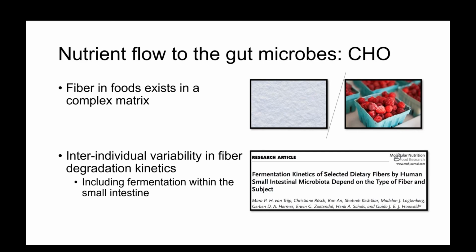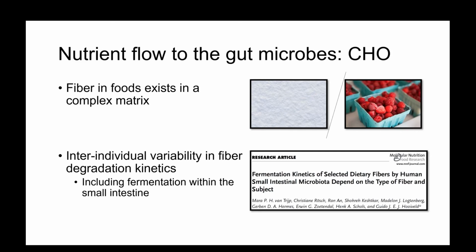Oftentimes with isolated fiber sources, the effect is fairly straightforward and can be a bit more pronounced because it supports a specific metabolic niche. But even here, there exists inter-individual variability that impacts whether or not the fiber even makes it to the colon. So one concern when you do have an isolated fiber supplement is that it's just more rapidly fermentable, and sometimes it can be fermented as quickly as by the end of the small intestine.